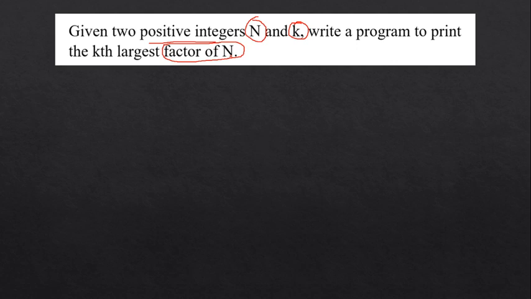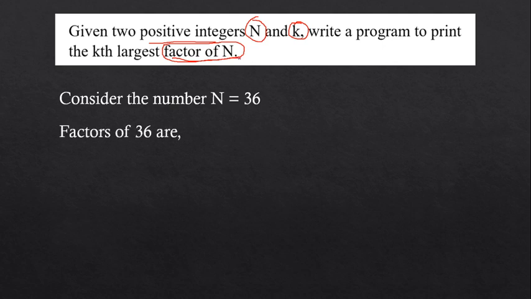Let me explain with an example. Consider n is equal to 36. We are going to just assume n is equal to 36. They are speaking about factors of n, right? So what are the factors of 36? The first factor is 1, then 2, then 3 and 4, 6.